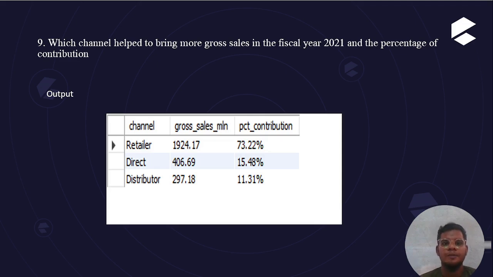In the distributor case there are also a lot of scenarios.